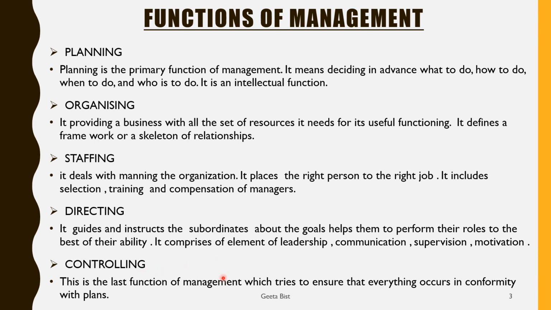people in the organization. Then it also tries to identify the activities which are critical to the success of the organization. That means, if these activities go wrong, that may hamper the performance of the business. So through controlling, it also keeps a check on the activities which are critical to the success of the organization, that means the key activities, the key result areas.